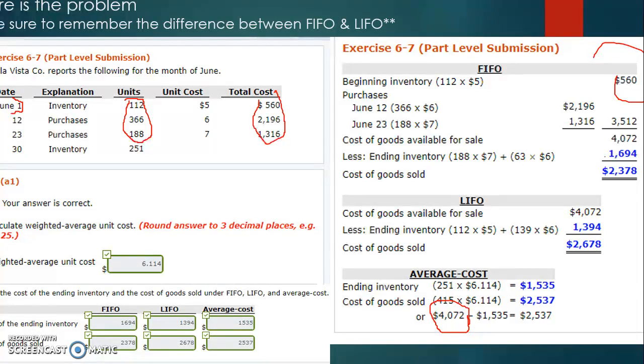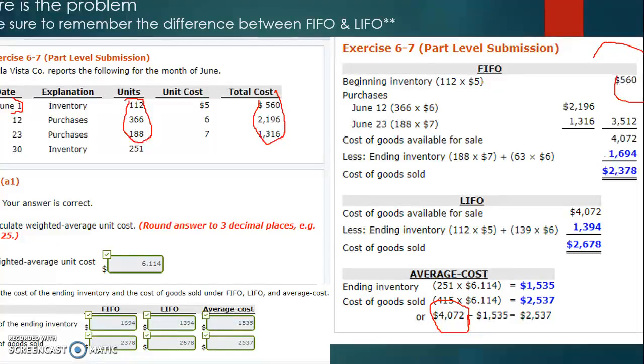We can do the same thing for LIFO. Basically, for LIFO, instead of starting from the last inventory, we start from the first inventory. This is the explanation, and it gives us the same answers.